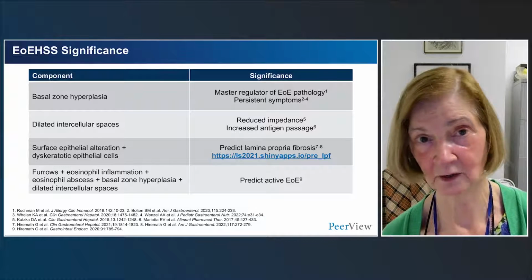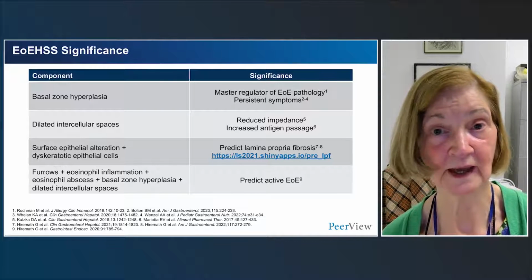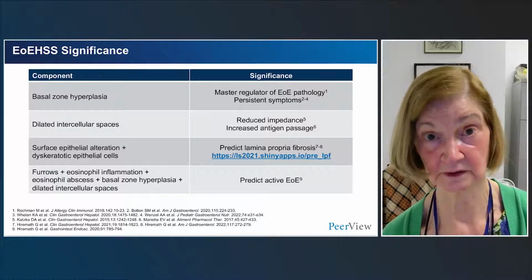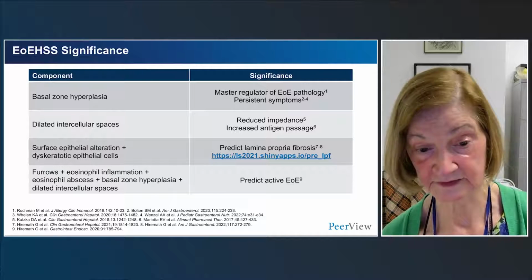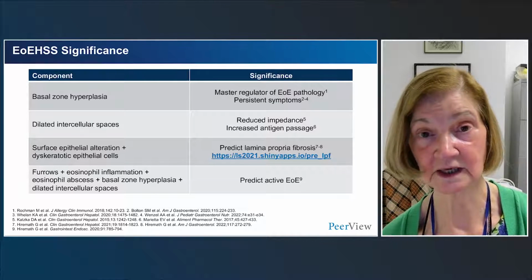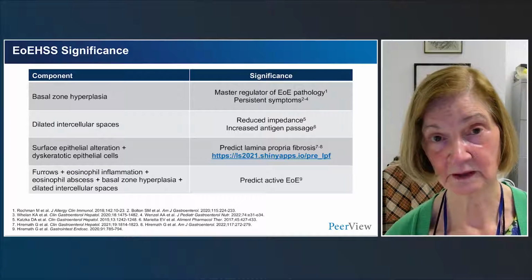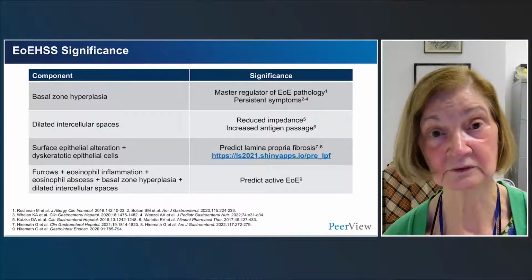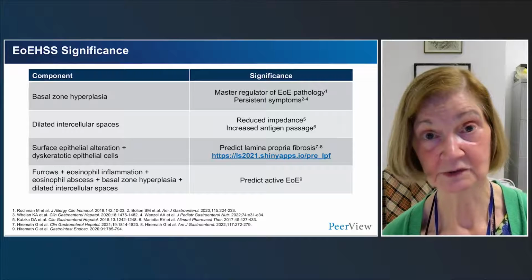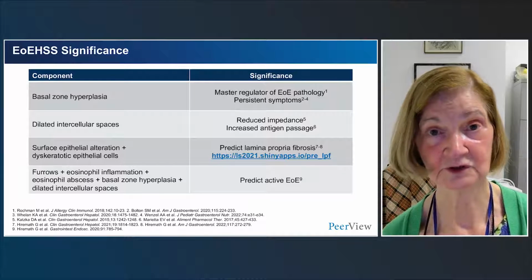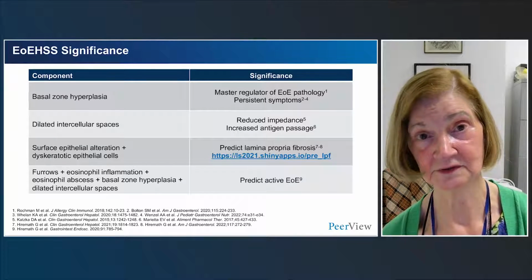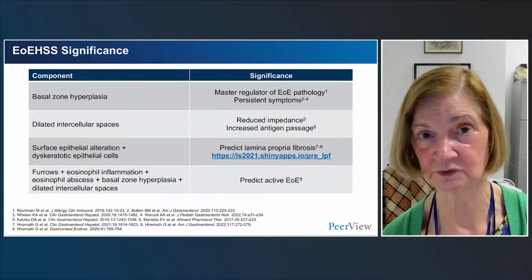In other words, they allow molecules that normally don't pass over the esophageal epithelium to get into it, as discovered in this study in which gliadin, a component of gluten, was found in the epithelium of esophageal biopsies that have dilated intracellular spaces compared to those that do not.